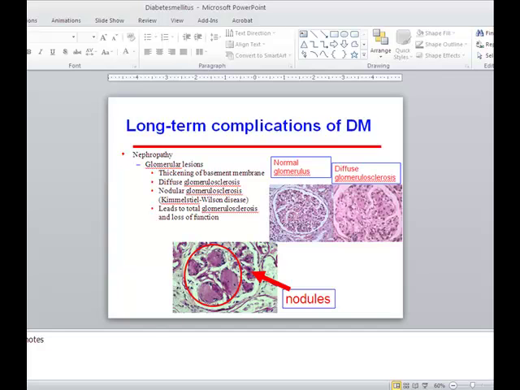The kidney is affected. That's because, as with other blood vessels, the glomerulus is affected. Just like in the other blood vessels, you have thickening of the basement membrane in the glomerulus. And once the arterial or the capillary wall thickens, the glomerulus is sclerosed, and the sclerosis of the glomerulus could be very diffuse.